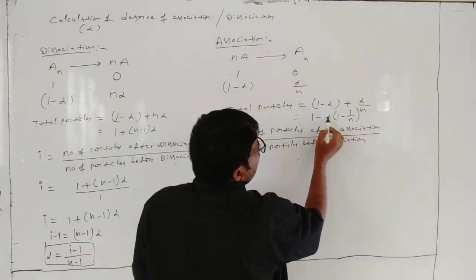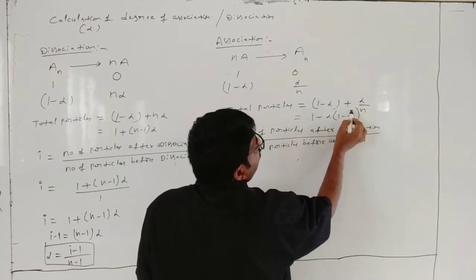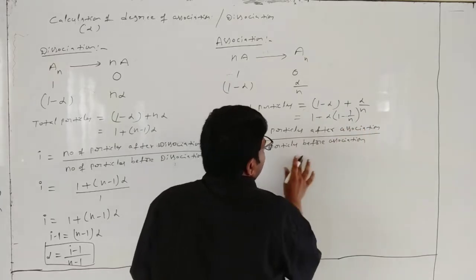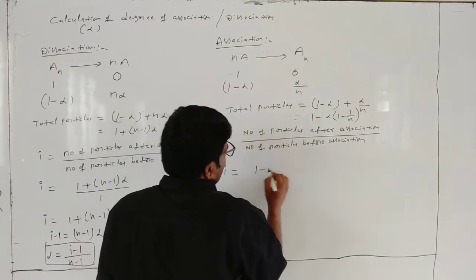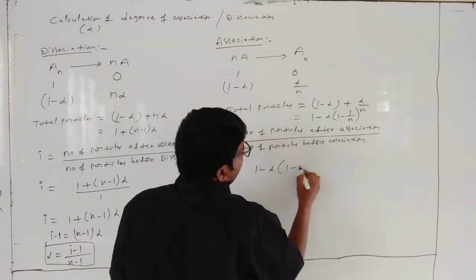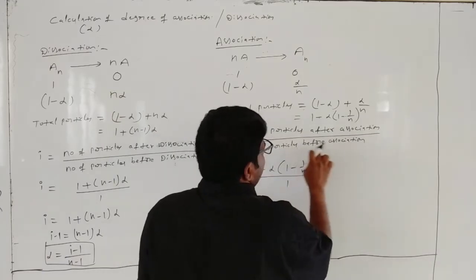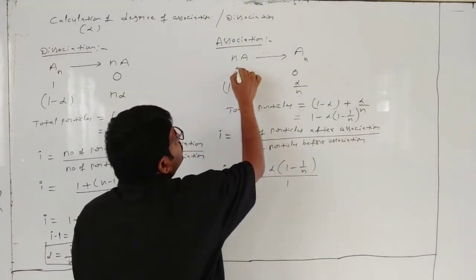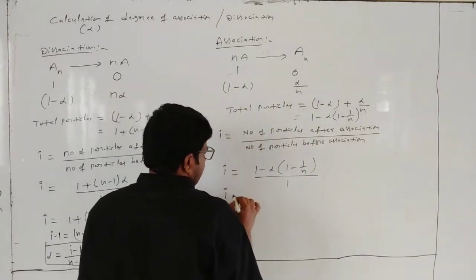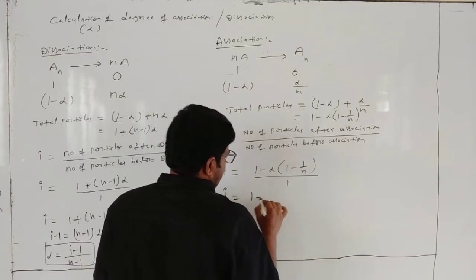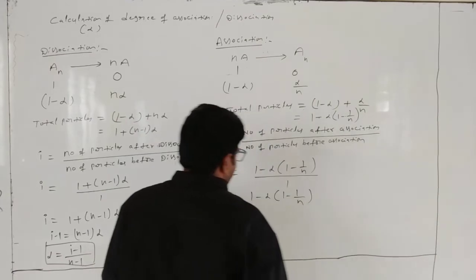So you can write i is equal to 1 minus alpha (1 minus 1 by n) by 1, since the number of particles before association is 1 only. Now i is equal to 1 minus alpha (1 minus 1 by n).